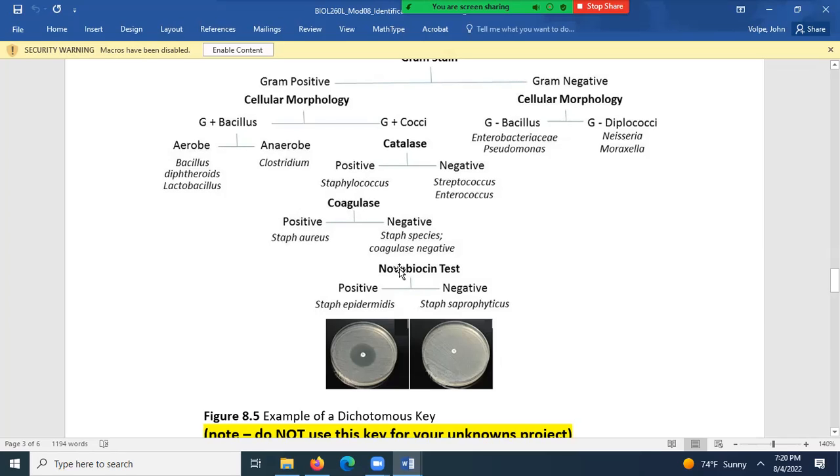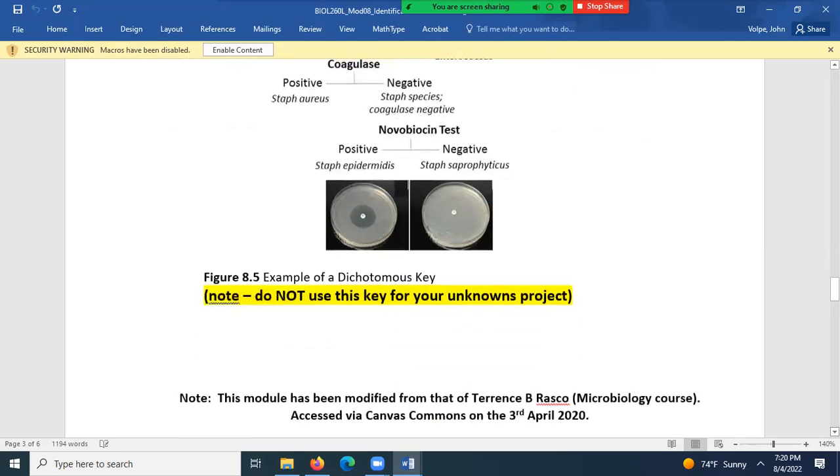And then if we do the novobiocin test, if it's positive for novobiocin, it's Staphylococcus epidermidis. If it's negative for novobiocin, then it's Staphylococcus saprophyticus. And that's how you use the dichotomous key. Any question about any of that?